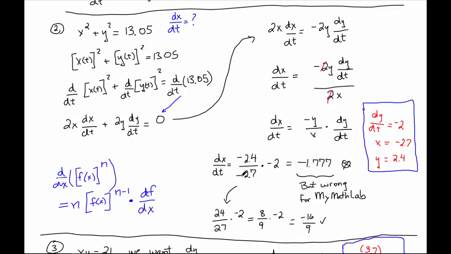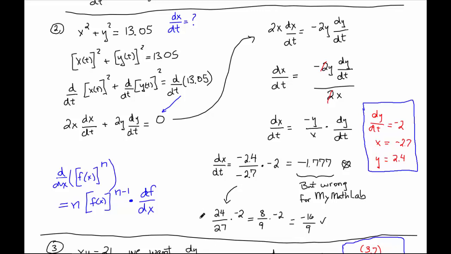You've got a minus over a minus, which makes it a plus. If you multiply top and bottom by 10, so 10 over 10 is really just 1, that would give you 24 over 27 times minus 2.